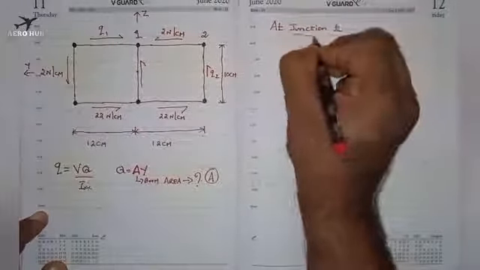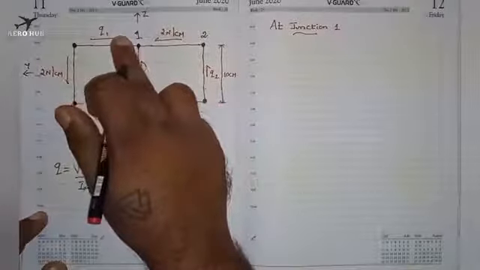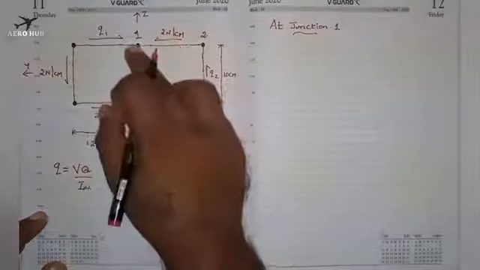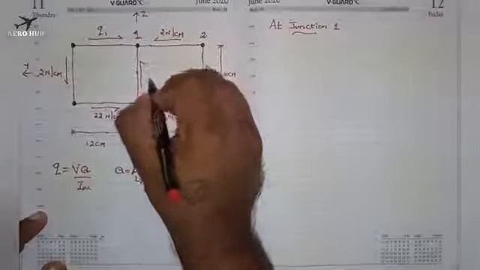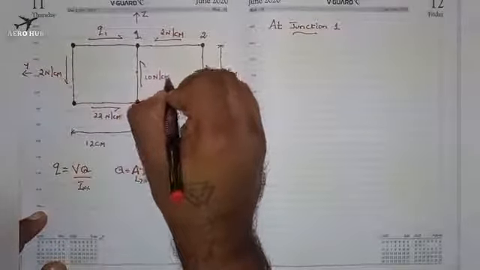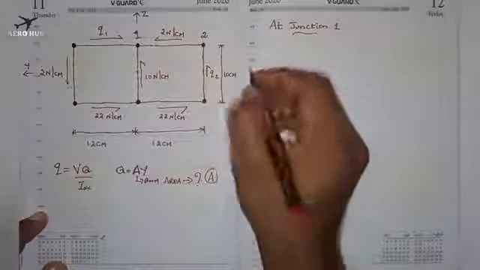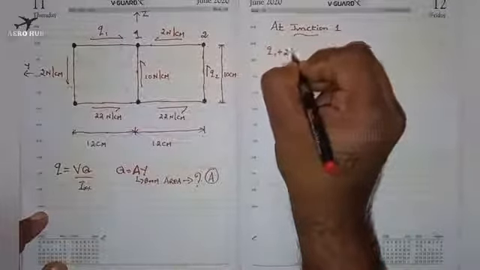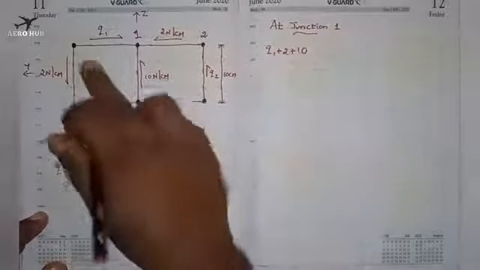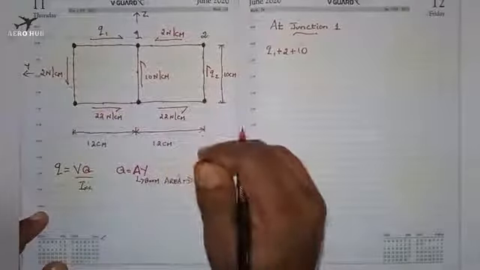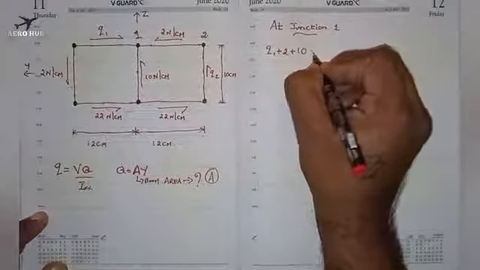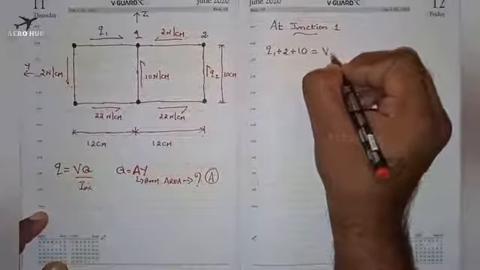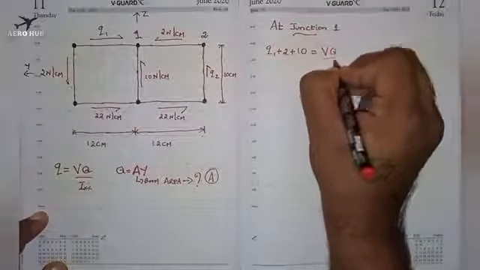You can see q1 is coming towards junction 1, 2 Newton per centimeter is coming towards junction 1 and this one is 10 Newton per centimeter, also coming towards junction 1, so that will be positive. q1 plus 2 plus 10, these are the internal shear flows, and this should be equal to the external applied shear flow, that is nothing but VQ by I.